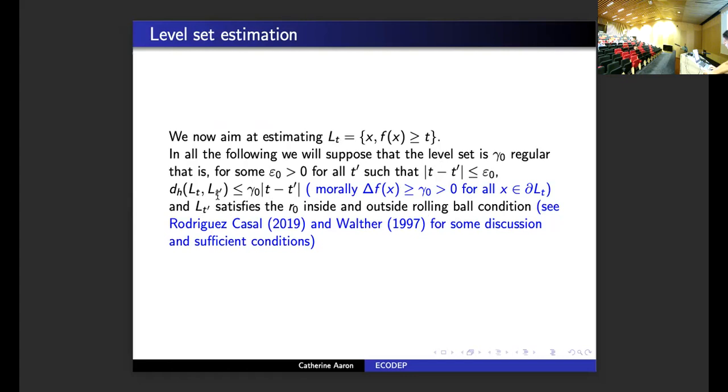We also need that our level sets are regular, in the sense that the distance between the level set we want to estimate and the level set with a close level is of order the distance between t and t prime. That morally means that you don't have a flat part in the density. In other words, the gradient of the density is lower bounded at t.